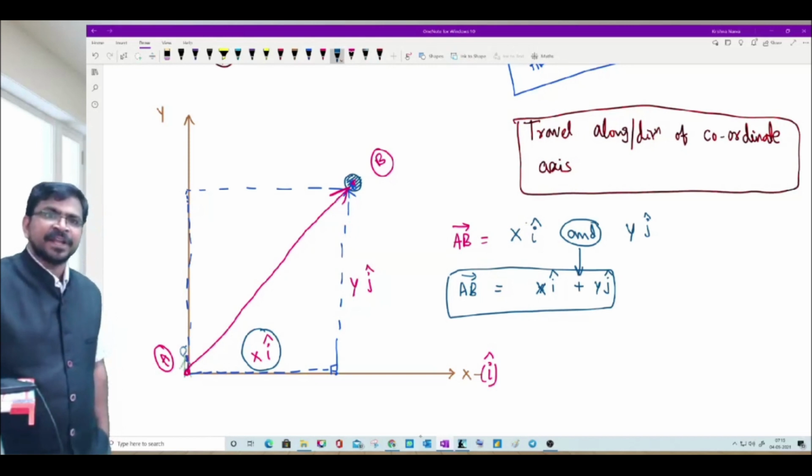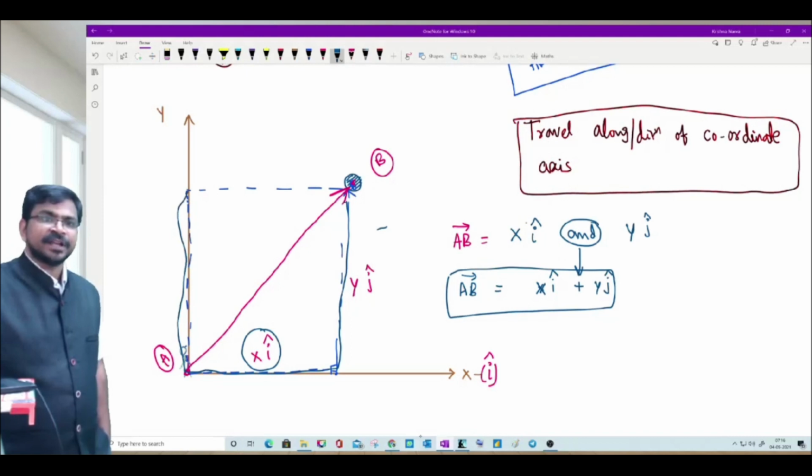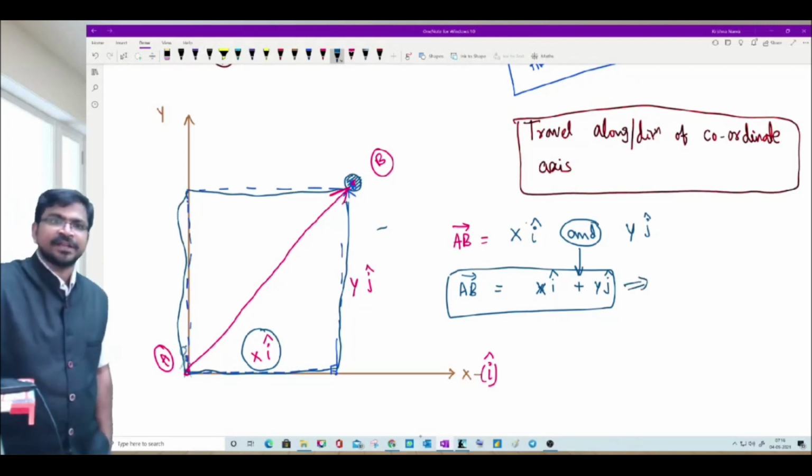And if you see this one from a very long distance, what is the shape here? You can find out the shape. The shape is like a rectangle because x and y may not be equal always. So it looks like a rectangle. So this method is called the rectangular method.